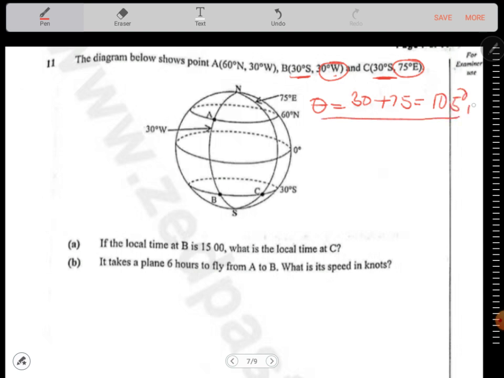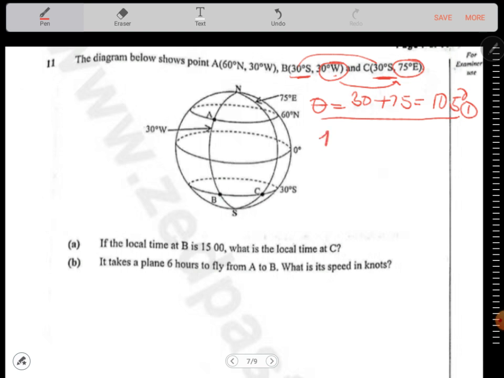That's the first step. They are on the same latitude, but in different longitude. So you find the difference in longitude by adding, because they are in different hemispheres.